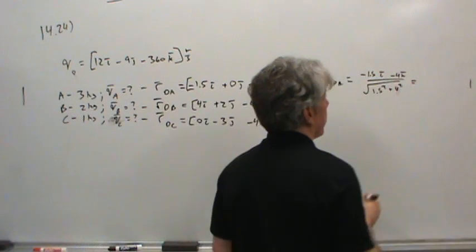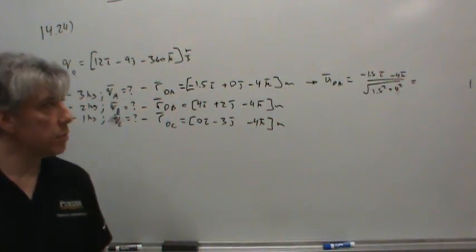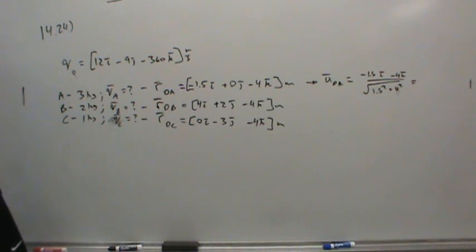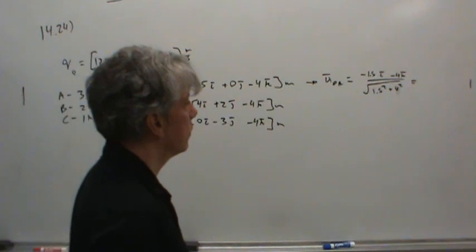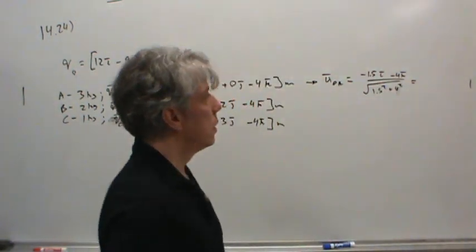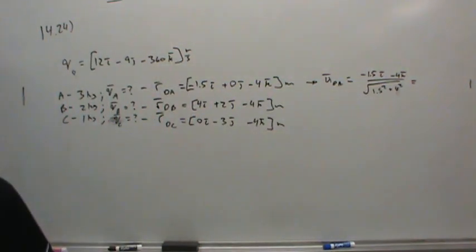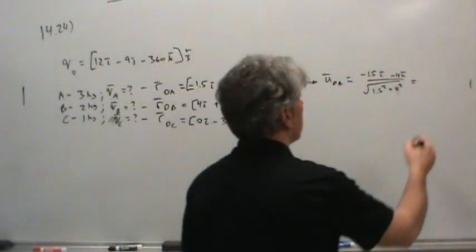It's good practice for you anyway. What is the square root of 1.5 squared plus, well, 16? 1.5 squared, I think, is 2.25, so isn't that the square root of 18.25? I think. How much? 4.27. Okay.